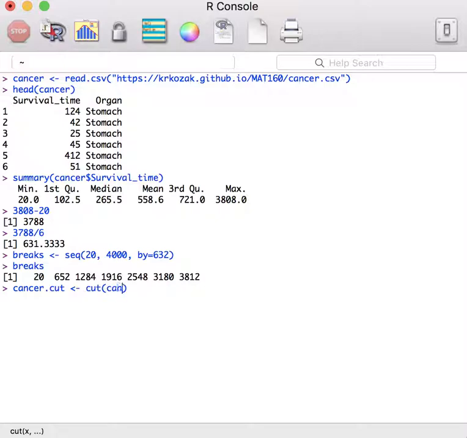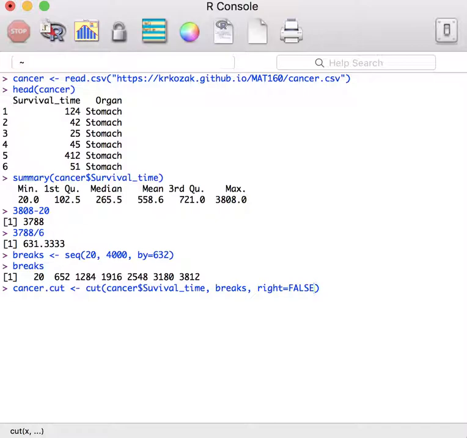So I'm going to cut my cancer data set and my survival time variable based on these breaks. And because I said up to but not including this data value, I don't want to include that one. So I'm going to say right equals FALSE.